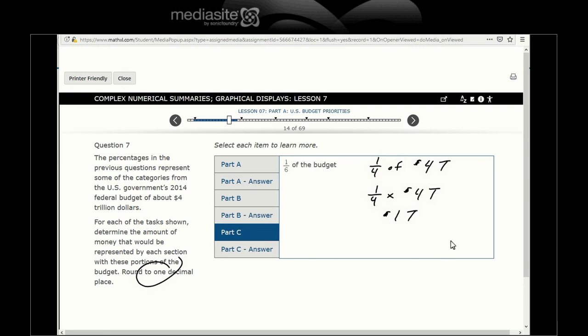One-sixth. Get this one correct in here. So the question is, what is 1/6 of 4 trillion? Or what's 1/6 times 4? Or what's 4 divided by 6?